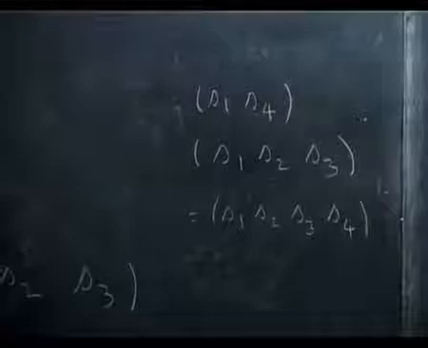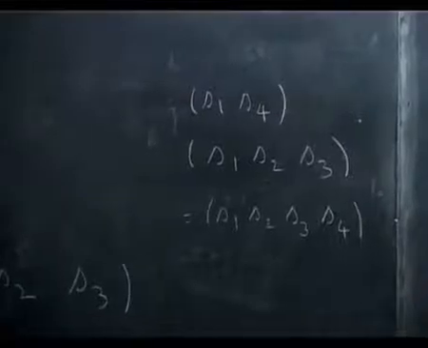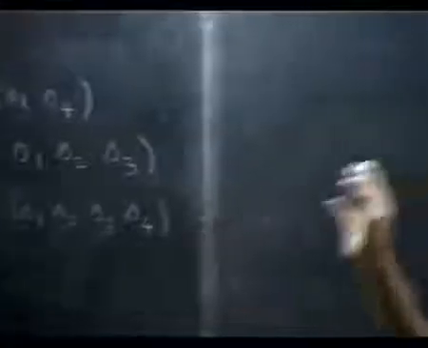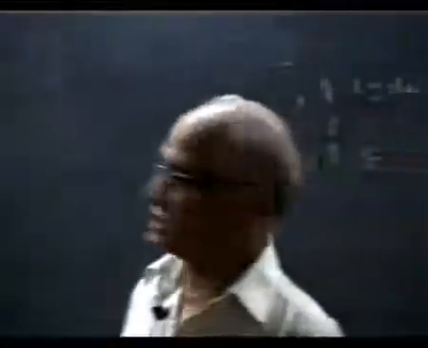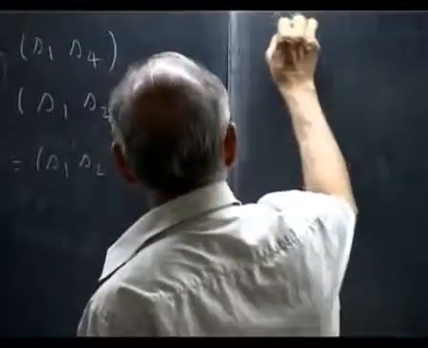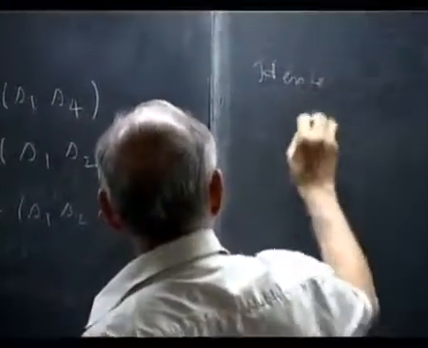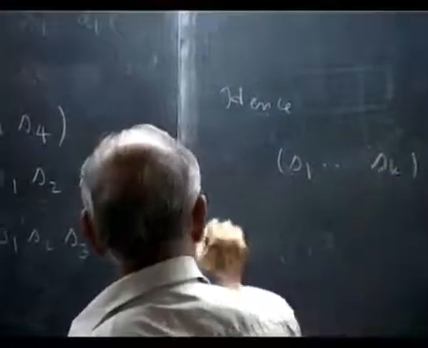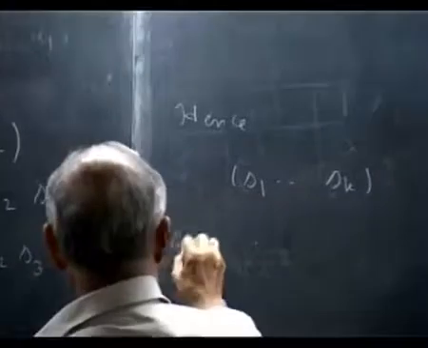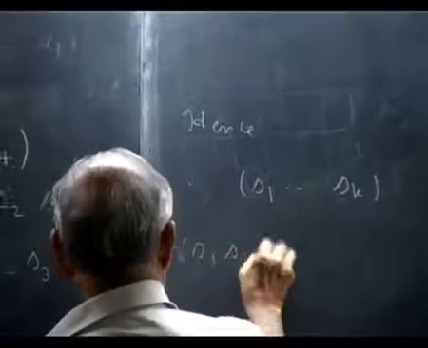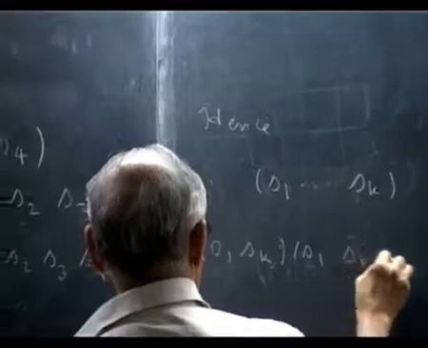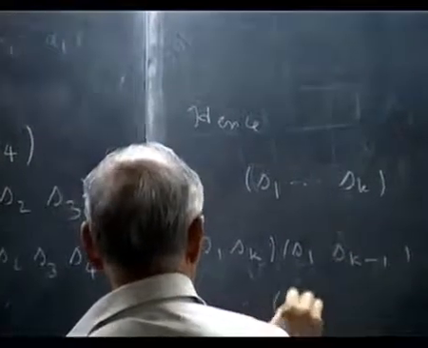So it just goes on, so I can generate any cycle like this. Give me a cycle, I will just break it up into transpositions. So hence if you give me a cycle like S1 up to Sk, it is S1 Sk, S1 Sk minus 1, up to S1 S2.